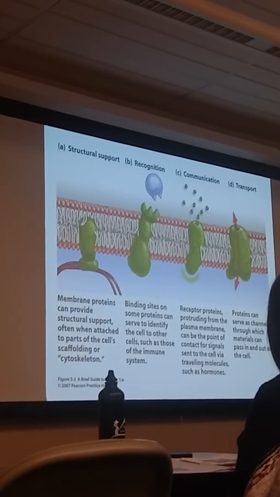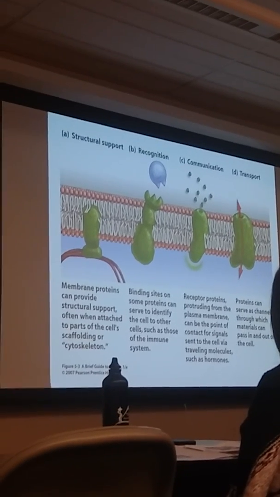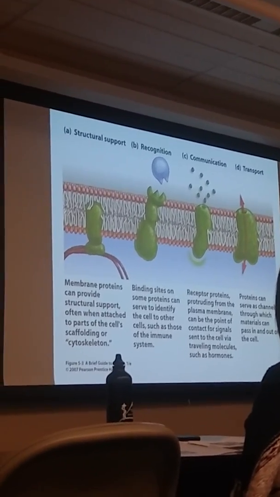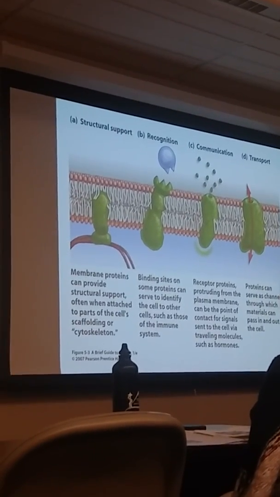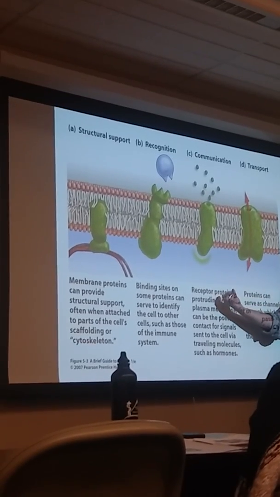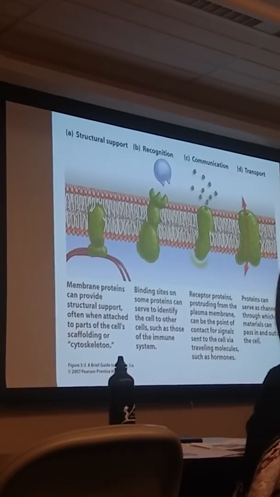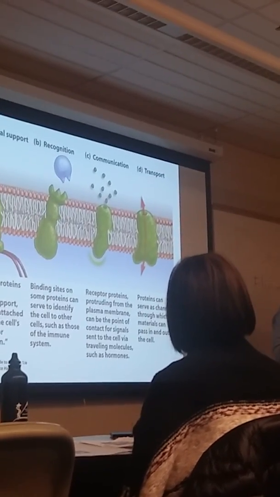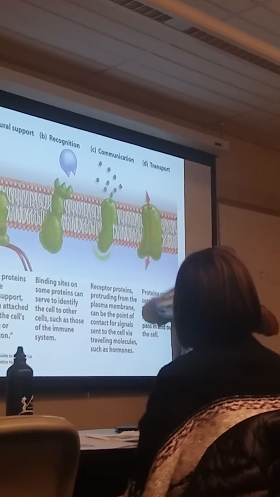They could be open or closed. If they're closed, I want them open, so they need to receive a chemical signal to cause them to open. The receiving of the chemical signal is the receptor part. It's like when you go through a toll gate. You pay the guy the toll, he receives the money, then he opens the gate. You need to receive a signal to open the door.